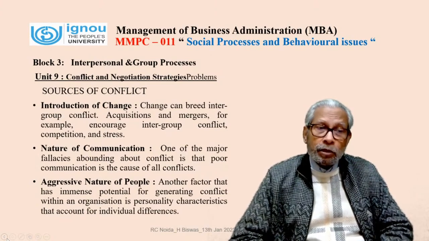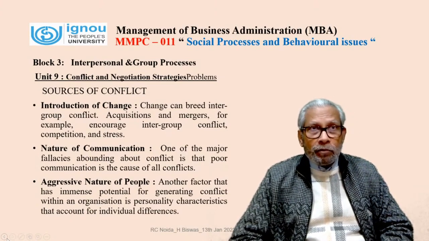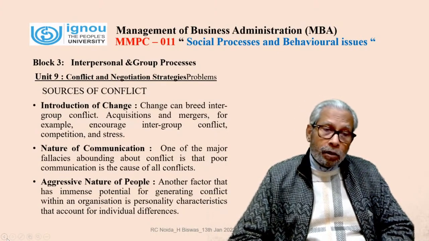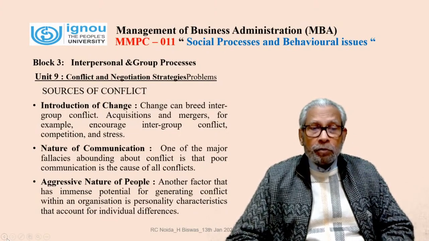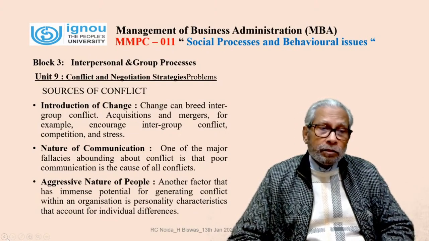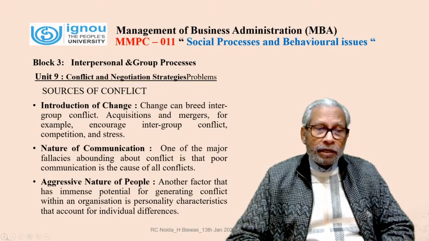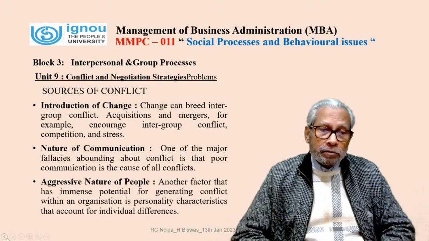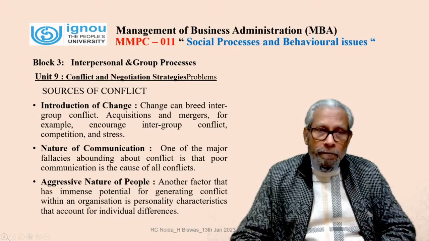So this is one of the sources of conflict. Aggressive nature of people: some people are very aggressive, always taking some security, some ego in their mind. That is also a potential source for generating conflicts within organizations, based on personality characteristics and individual differences.